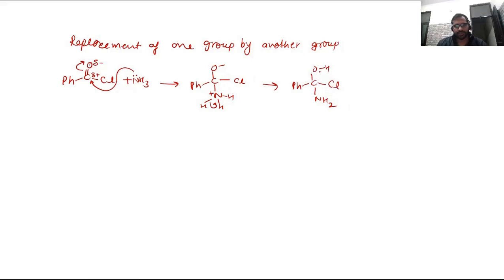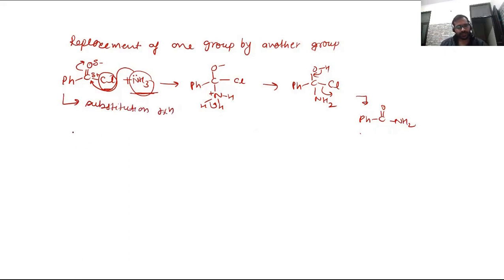Now this O-H bond will shift here, and this C-Cl bond will cleave out, and we will have PhCONH2. So from here we can see that the Cl group in this compound is replaced by the NH2 group. That is why we are getting PhCONH2. Because in this reaction one group is replaced by another group, it is an example of a substitution reaction.